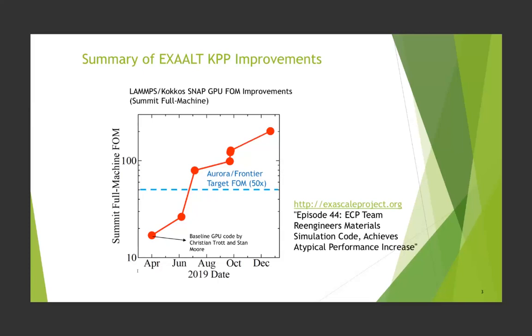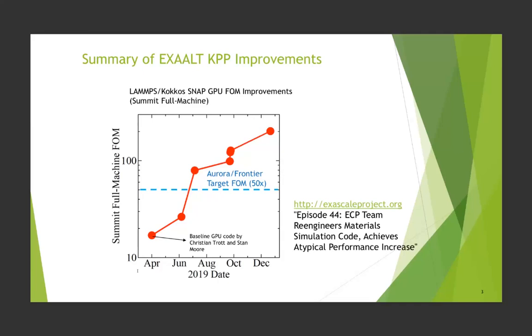We were, of course, interested to know how this would work on GPUs, because Mira is a purely CPU machine. The first information we got on that was when Stan Moore and Christian Trott used the Kokkos library that's available in LAMMPS to build a first version of SNAP that could run on GPUs.